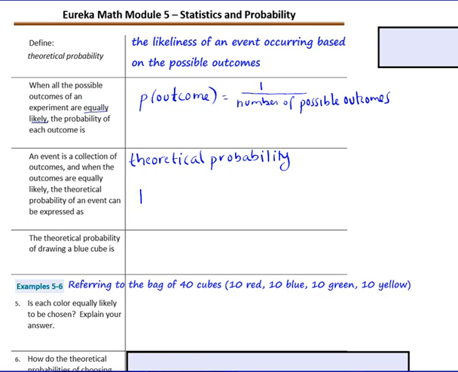Theoretical probability is what you expect to happen. So the theoretical probability of an event happening is written as a fraction. The numerator is the number of favorable outcomes.